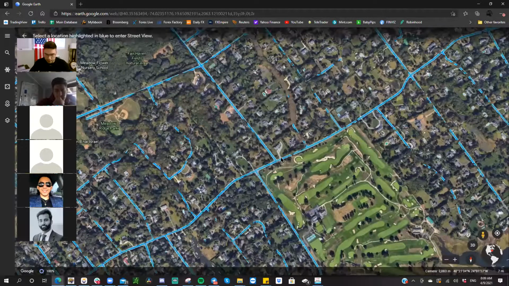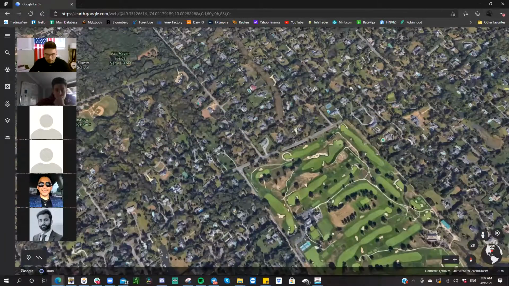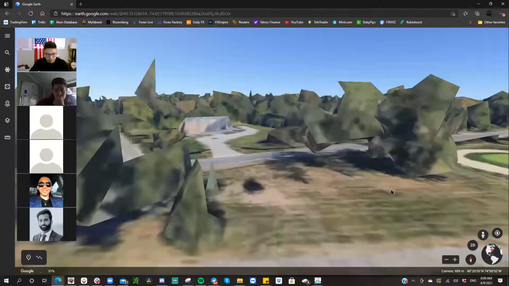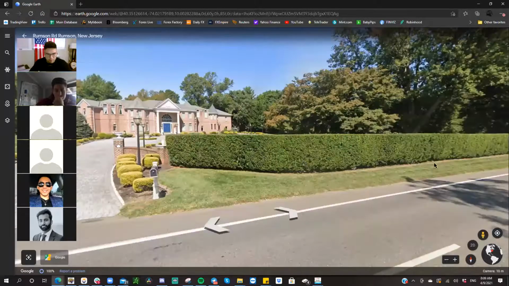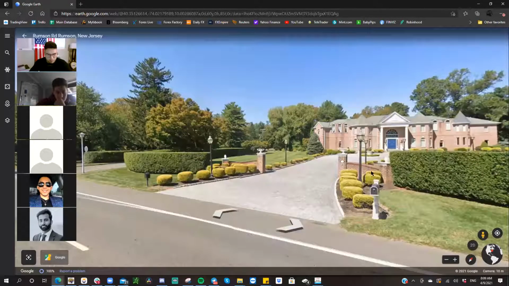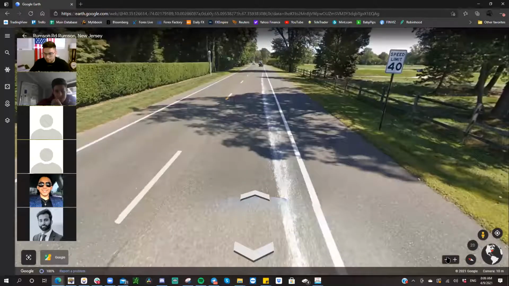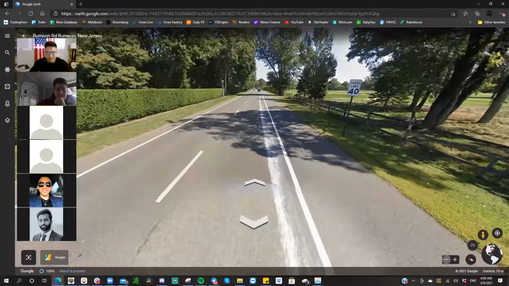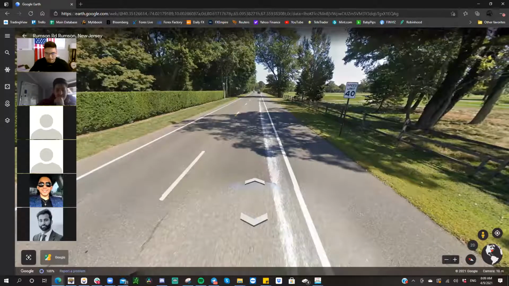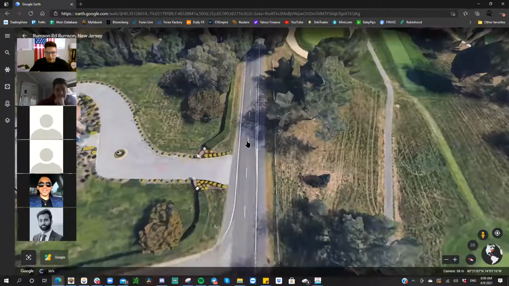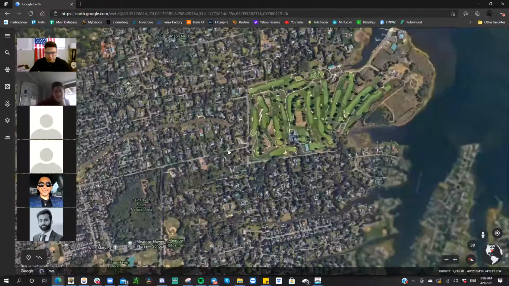It's ridiculous. So this is Rumson Road. This is the country club. It's just a lot of money over here. Jeez. But anyway, these are all just mansions over here.